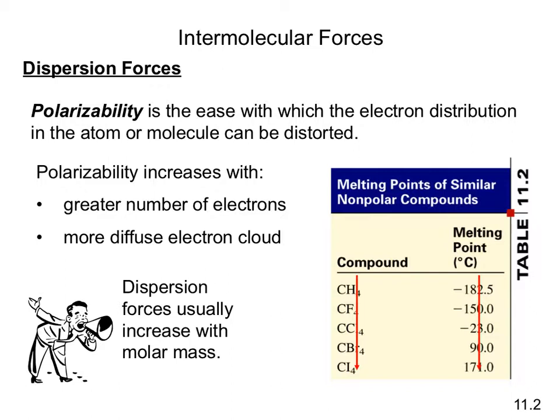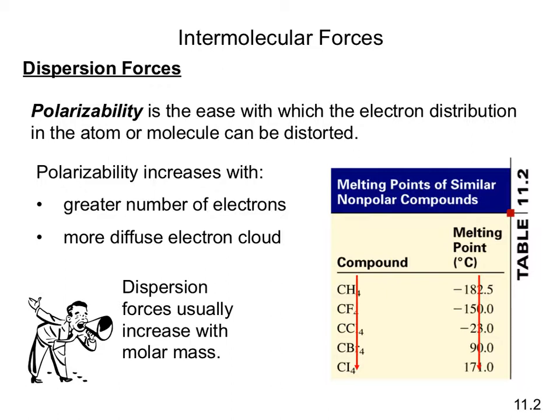Dispersion forces increase with molar mass, so that was similar to what we talked about a moment ago. You can see when there's more molar mass, there's more electrons. The cloud is bigger, so it's more spread out, so that kind of makes sense. You can see here there's CH4, CF4, CCl4, CBr4, and CI4.